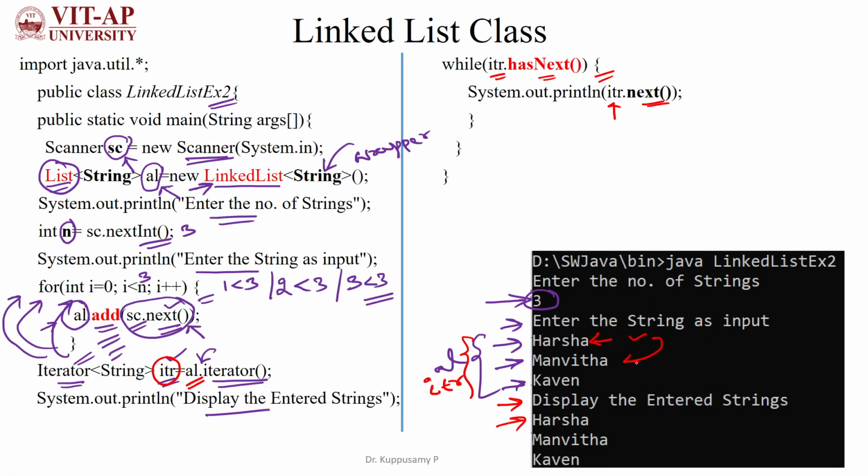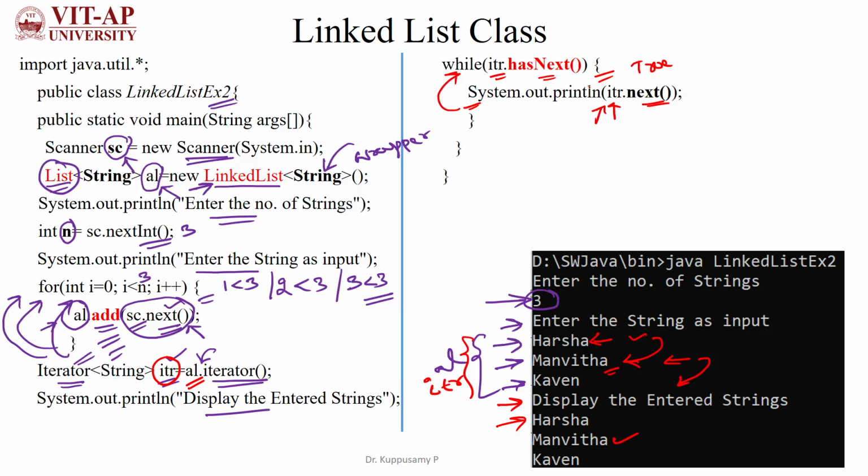Going back to the while loop, itr hasNext returns true, so it gets inside the while loop, printing the current element, Manvita, which is printed here. Then moving to the next element, Kavin, which is the third element.